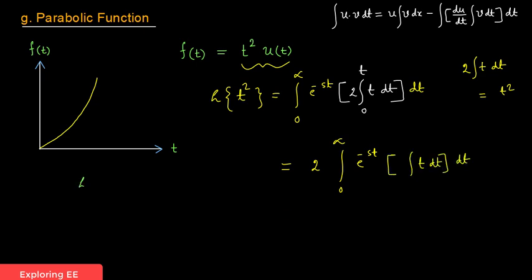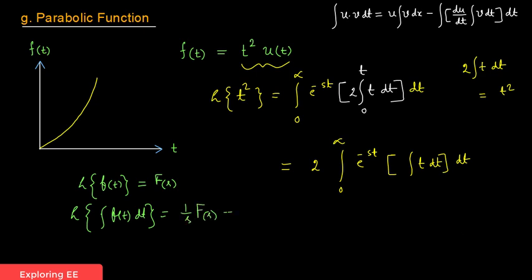As we know, the Laplace transform of a given function f(t), suppose given by capital F of s, then the Laplace transform of the integral of that function is given by 1 by s times F(s) plus 1 by s times the integration of f(t) dt, which is computed at t equal to 0. Here also we know the Laplace transform of t is 1 upon s square.